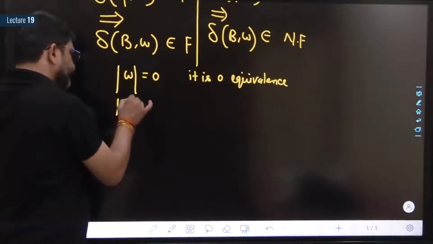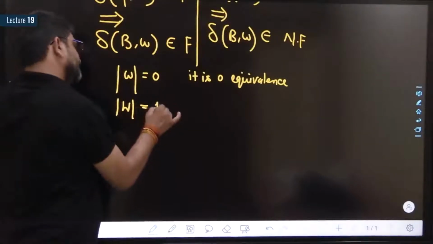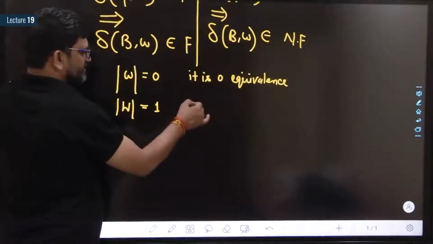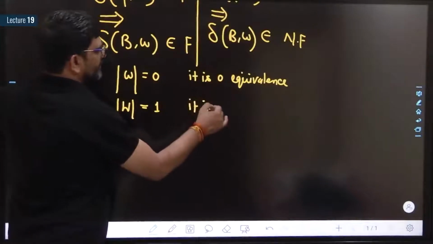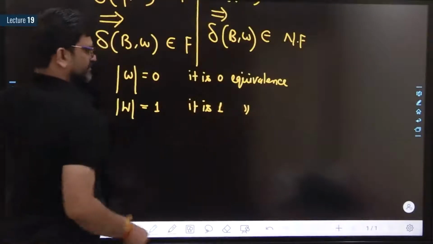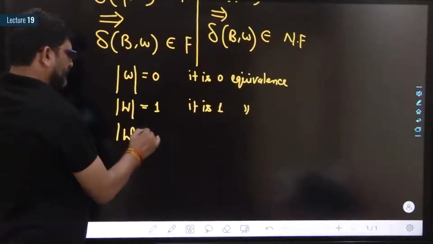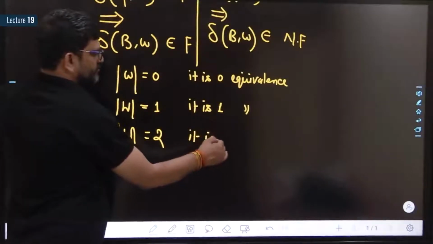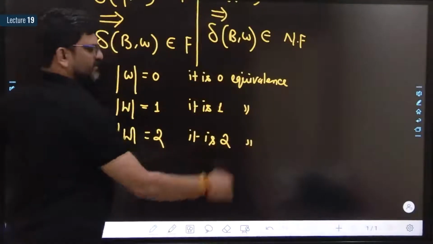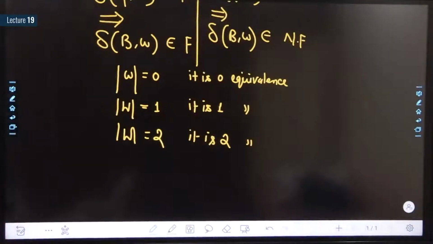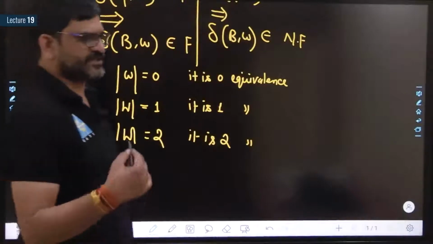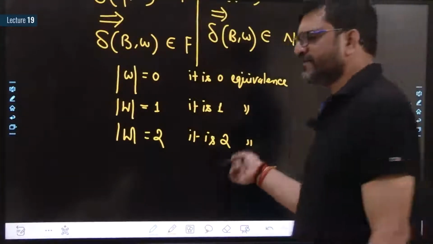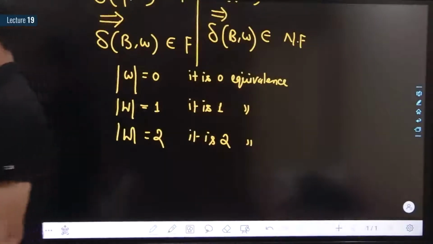Whenever the length of the string is 1, it is 1 equivalent, and so on. If the length of the string is 2, it is 2 equivalent. Clear? Now see how this minimization algorithm works. We will see with an example.